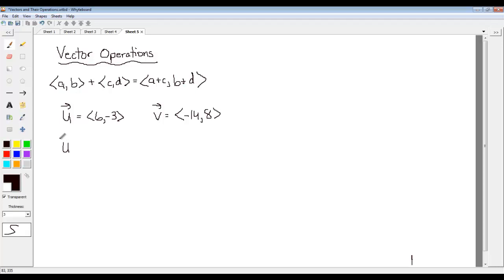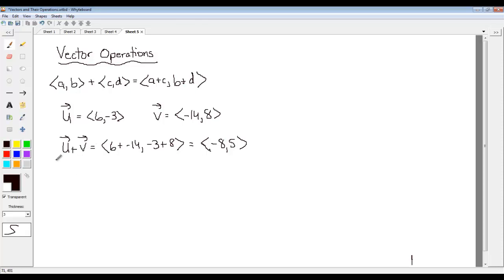So U plus V, you take 6 plus negative 14, comma, negative 3 plus 8. So you're going to get negative 12, or I'm sorry, not negative 12. Oh my gosh, 6 and negative 14 is not negative 12. Just making sure you pay attention. You get (negative 8, 5), and that's the resultant vector.